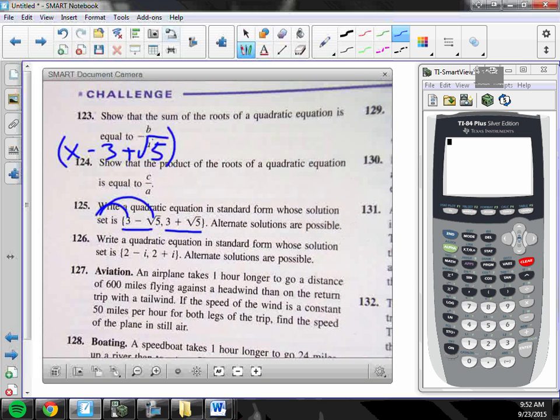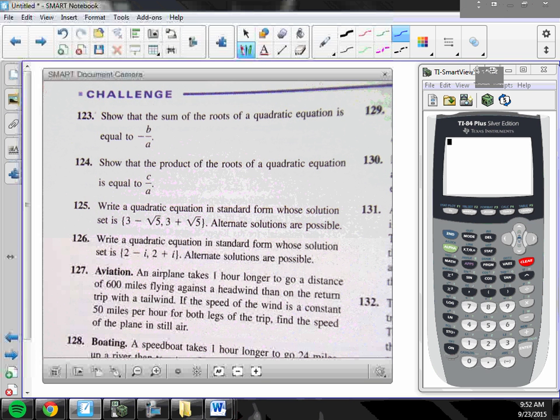And I'm going to multiply that by x minus 3 minus root 5. Now the nice thing is, these are conjugates. They're 3-term conjugates, but stuff will still cancel. Okay? And when you get to it, what is root 5 times root 5? 5. Or actually in this case it'll be negative 5. Root 5 times negative root 5 is negative 5.